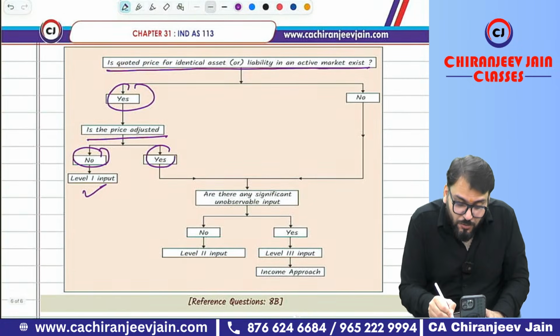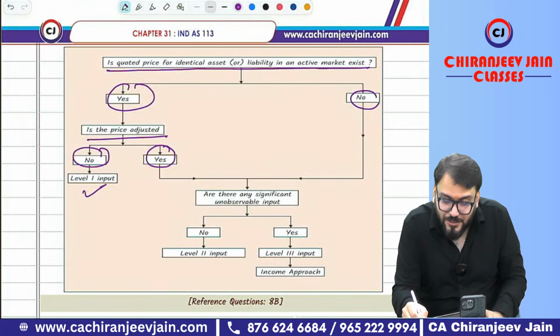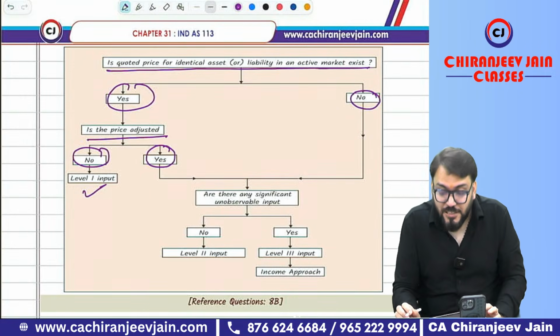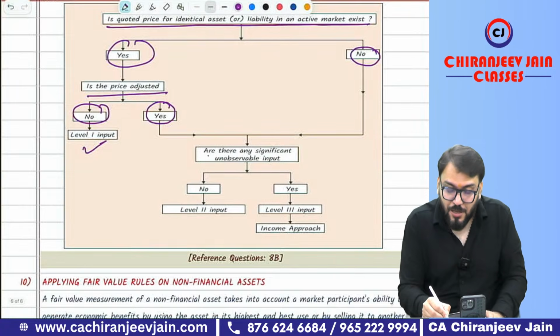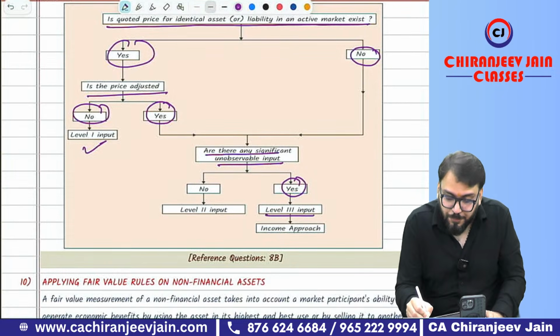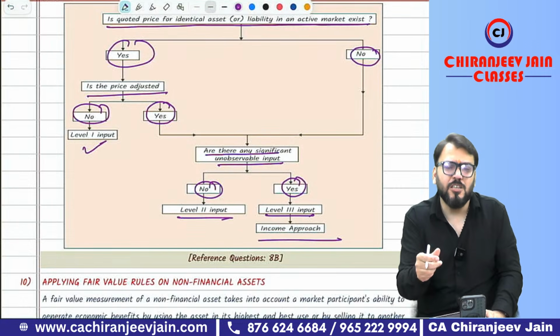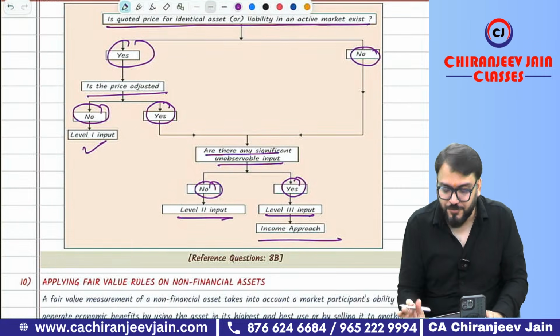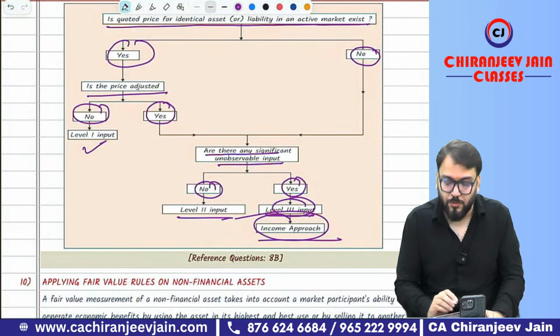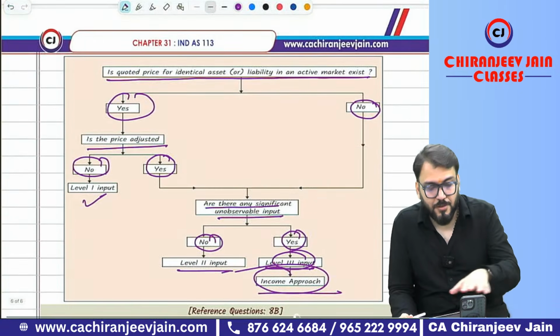But if the price requires adjustment, or if the quoted price of identical asset or liability in an active market does not exist, then ask one question: are there any significant unobservable inputs? If yes, then use level 3 input, income approach. If no, then use level 2 input, means quoted price of similar company with some adjustment. Level 3 means income approach. Understood? I think this diagram will help you as a flow chart.